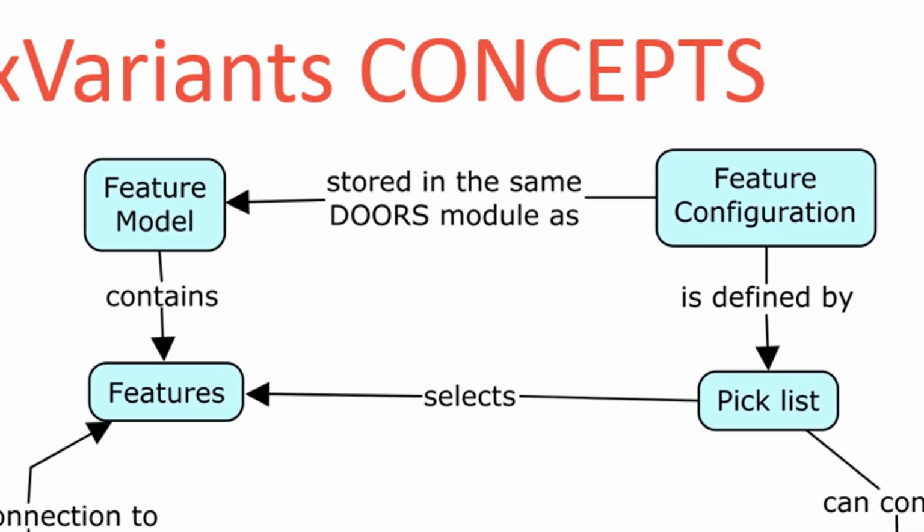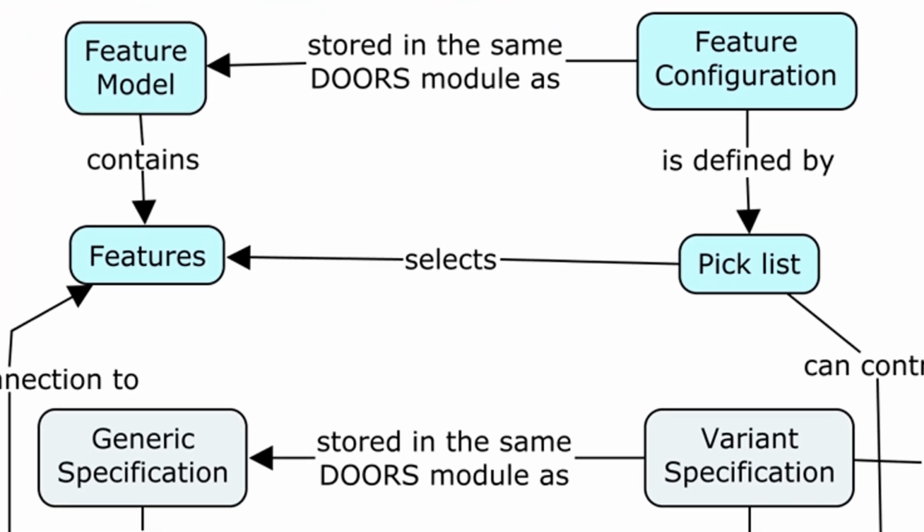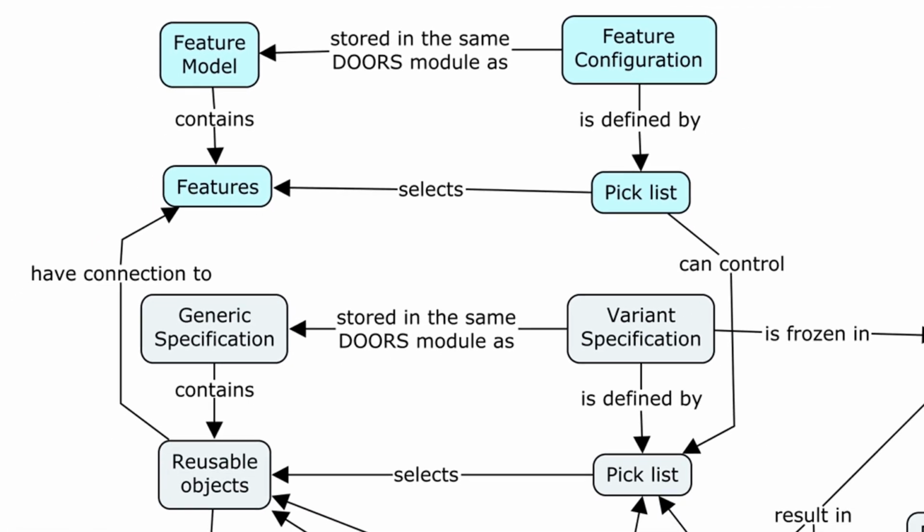In the same module, one or many feature configurations are stored that represent the configurations for different variant systems. Each such feature configuration is defined by a pick list that selects a set of features. And these features must be selected according to the rules of the feature model. They must not invalidate the constraints. Since reusable objects have a connection to the controlling features, the selection of features in the feature configuration can now directly control the selection in variant specifications.